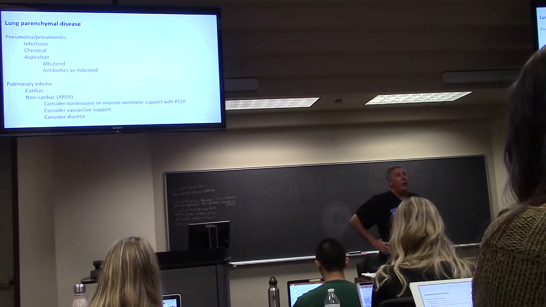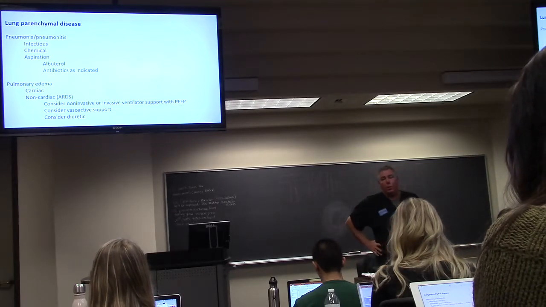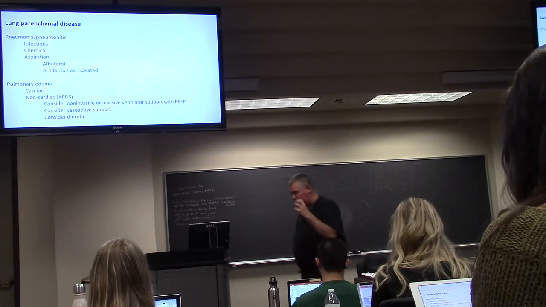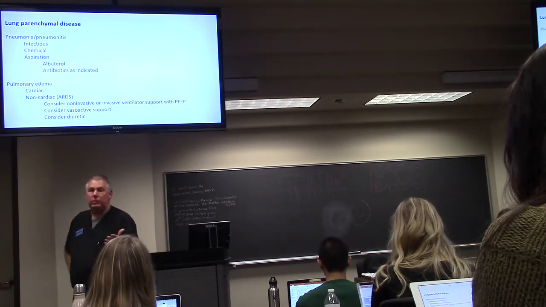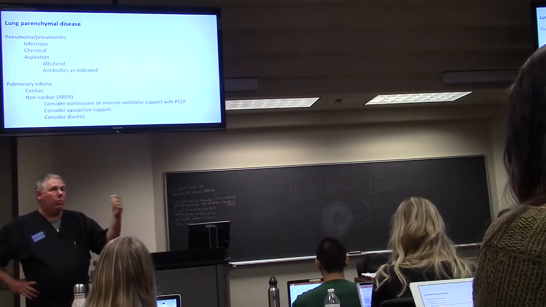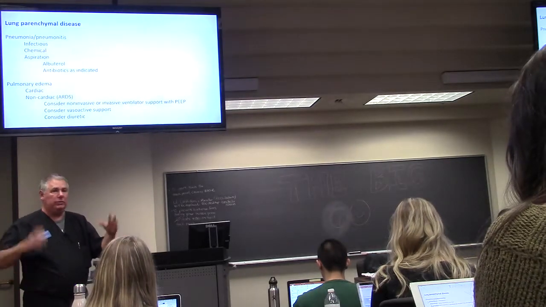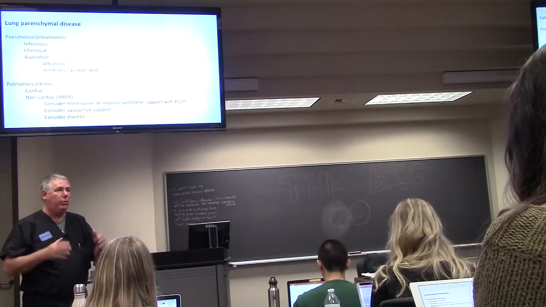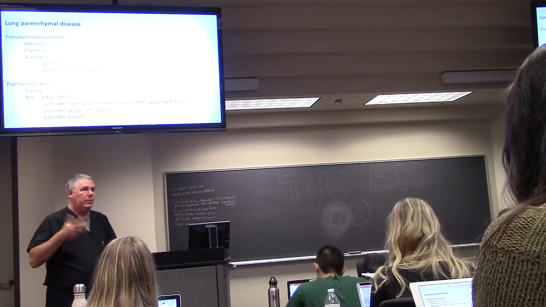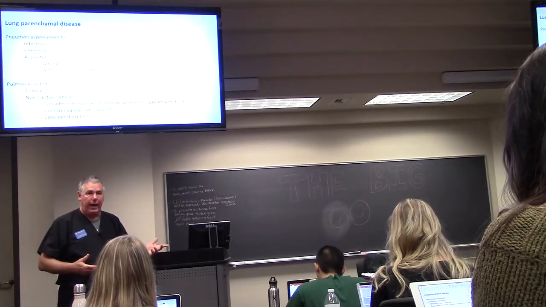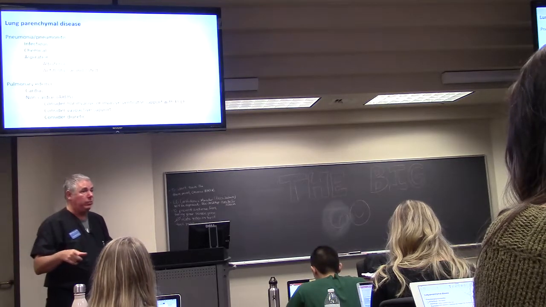You have non-cardiac, ARDS is acute respiratory distress syndrome, where it's like a hyper allergic reaction inside the lungs caused by infection or one of a million different reasons, and your lungs start just collapsing down. They're filling up with fluid, they're collapsing. You're not going to have gas exchange, you're going to die, unless you can reverse ARDS, which is very difficult to do.